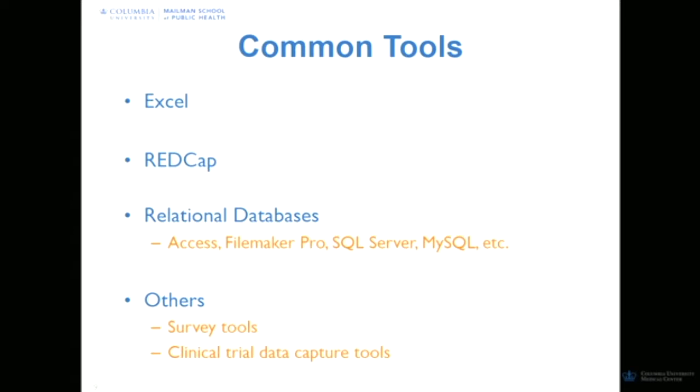So we're going to talk a little bit about the pros and cons of each of these tools. Then there are some other tools that do come up a little less frequently, but they do have their place in some research studies, such as survey tools and electronic data capture systems that are really specific to clinical trials. But the first three tend to be the ones that come up over and over again in a research data management setting.